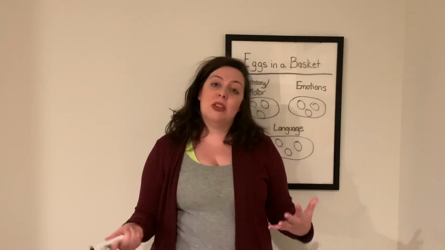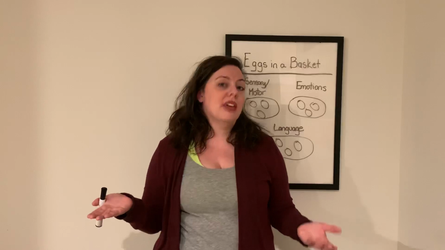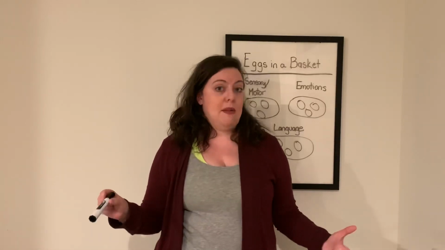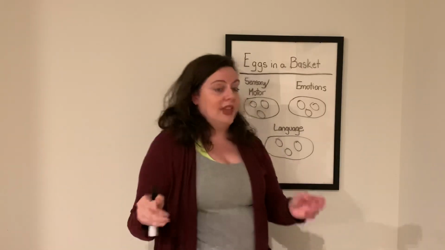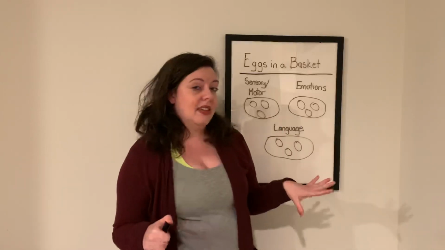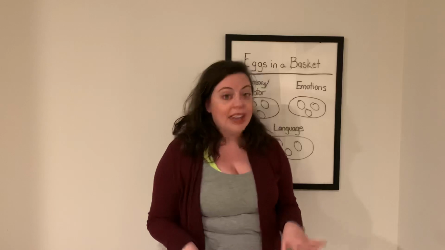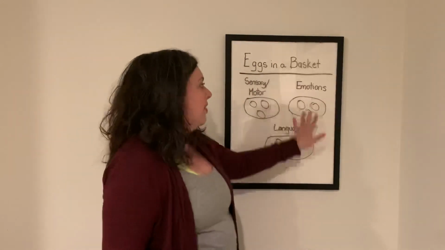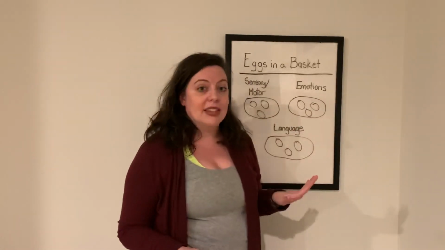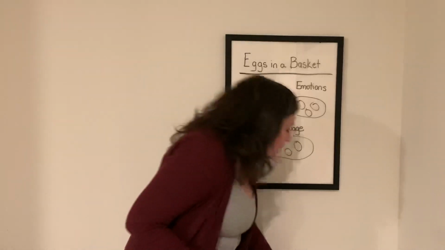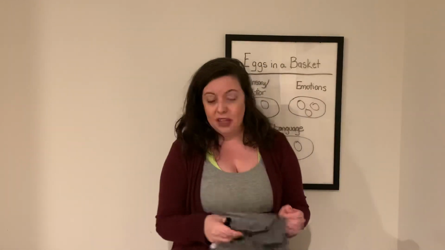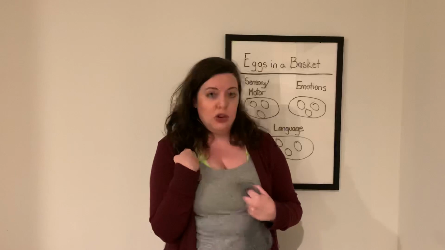There are times, though, in our lives when things get messed up and we have an imbalance of eggs. There are eggs that end up in the wrong baskets, and that can affect how all of this happens, and especially this. So, for example, I'm going to give you an example that happened to me the other day.